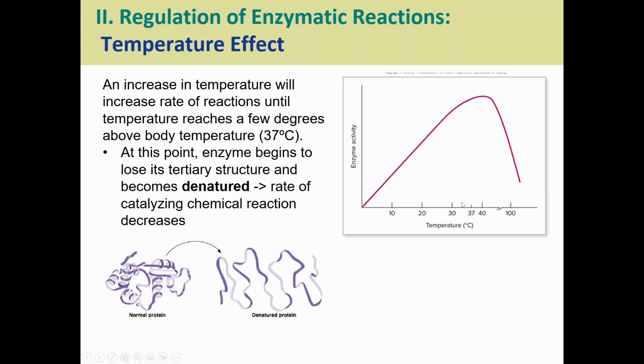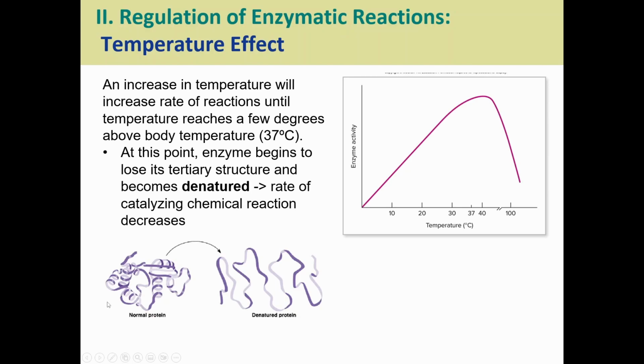And we see that lower temperatures mean lower activity, but there's a peak, right? At a certain point, it can no longer function because the heat is too great, and it's going to change the shape of the enzyme. And if we change the shape, especially if we lose the shape, we lose the function. We call that process of losing its 3D structure denaturation.